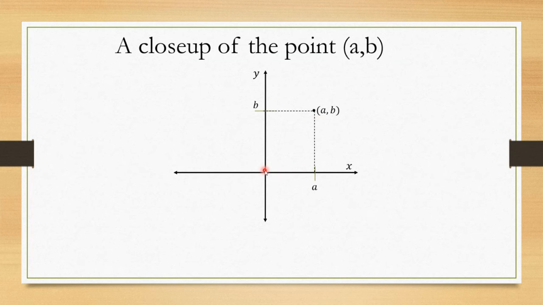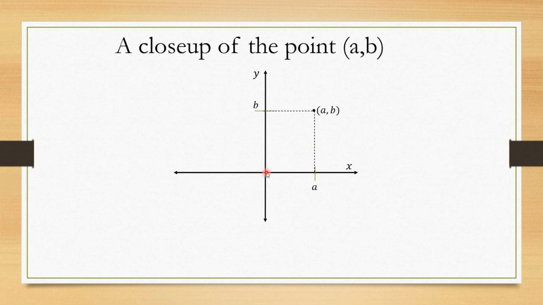So you start at the origin, and you go over here to A. You're this horizontal distance from the origin. If A were negative, the only difference is you would be to the left. That's what the first number tells you, how far you are horizontally.